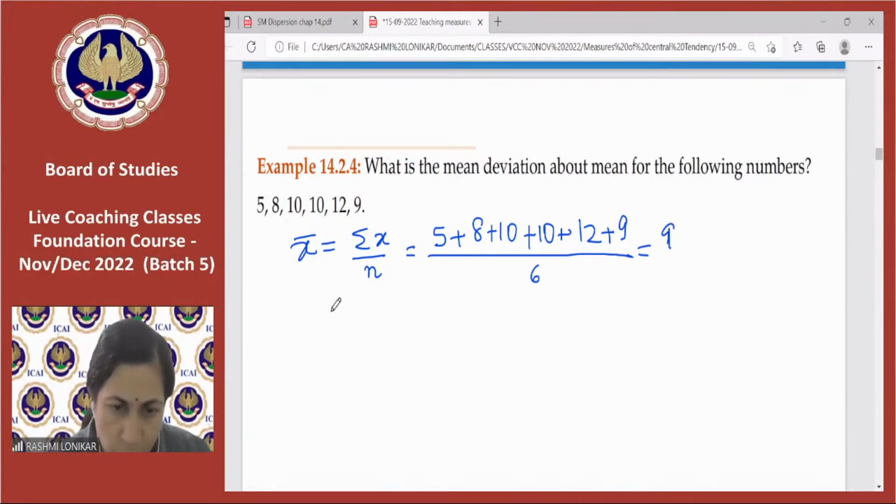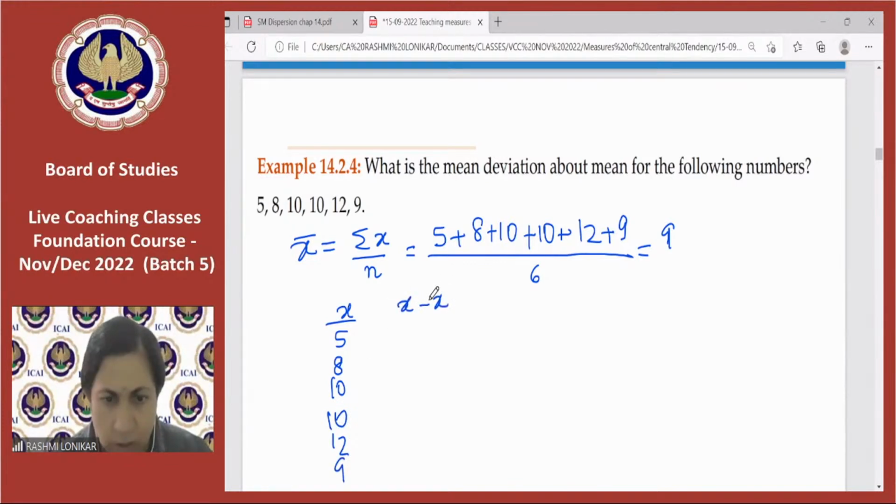Now what we will do, we will write the numbers: 5, 8, 10, 10, 12 and 9. Now I will find out x minus x bar. How much will this be? From every number I will subtract 9.